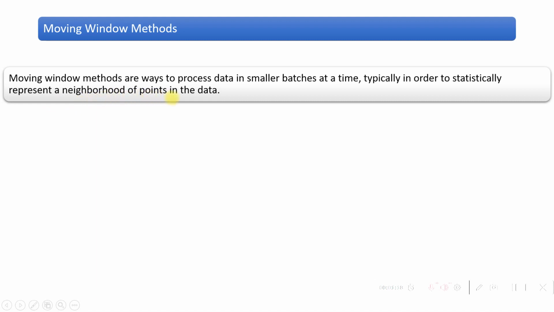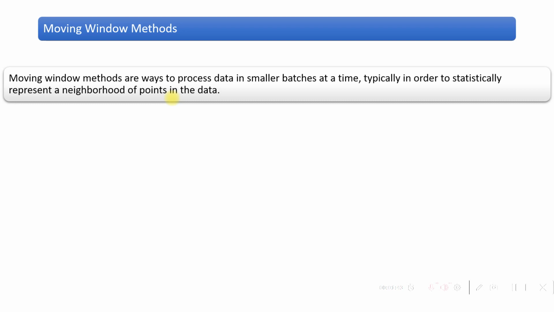So you have a very big data set, and you convert it into small batches of data. On those batches, you move the window, and whatever points come inside the boundary of the window represent the neighborhood of the data. Neighborhood means the next points of the data.